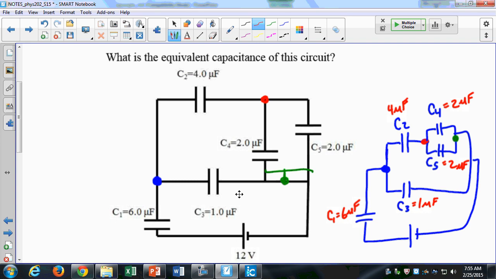It is 2. Let me show you. I'll go ahead and draw it out in just a minute. So here, I have a 2 and a 2. Right? No, I'm sorry, they add together. Yeah, they add together. So 2 and 2 is 4. And then you do the series.